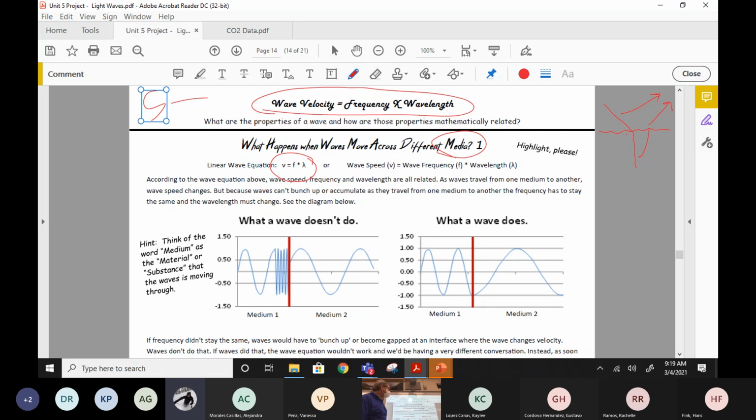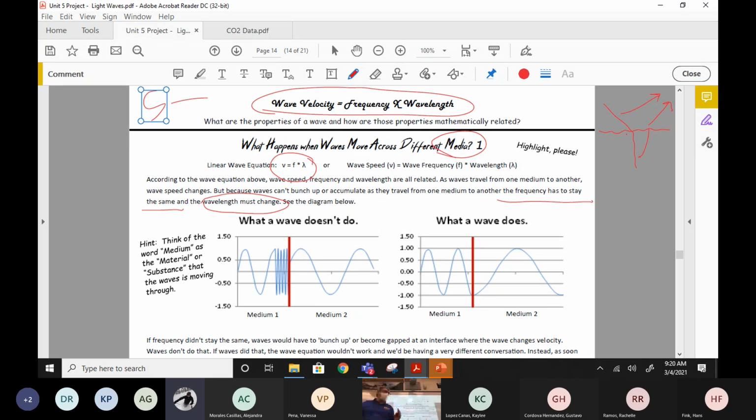As waves travel from one medium to another, the wave speed changes. But because waves can't bunch up or accumulate as they travel from one medium to another, the frequency has to stay the same, and the wavelength must change.